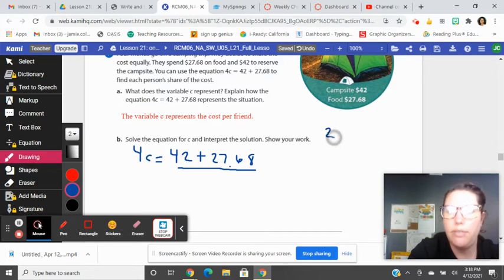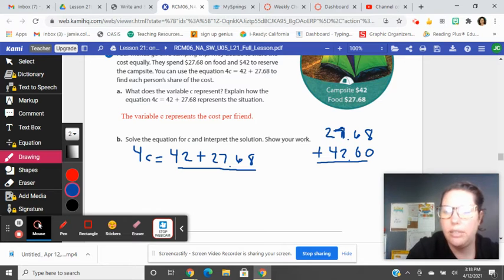So 27.68 plus 42. And I'm just going to put zeros as my placeholder. So this is a 7 here. Okay, so I have 8 and 6.